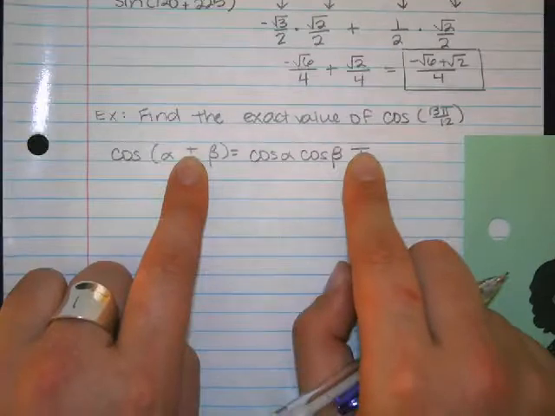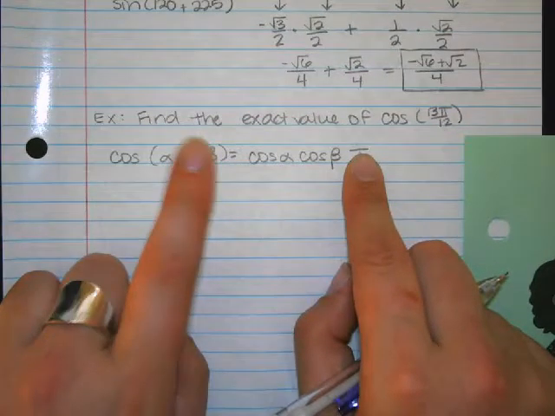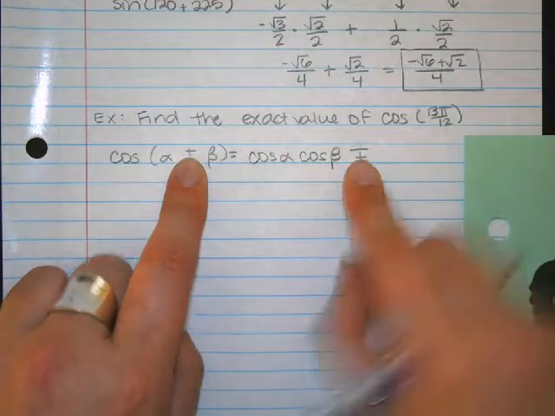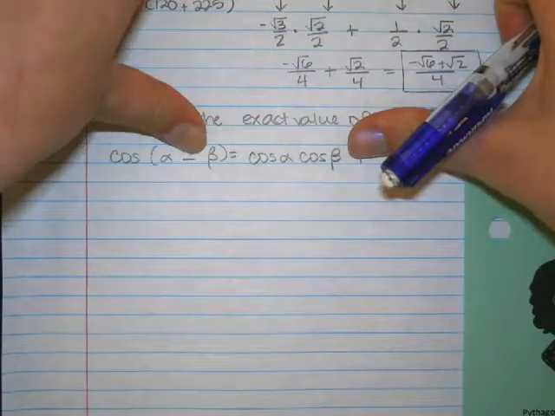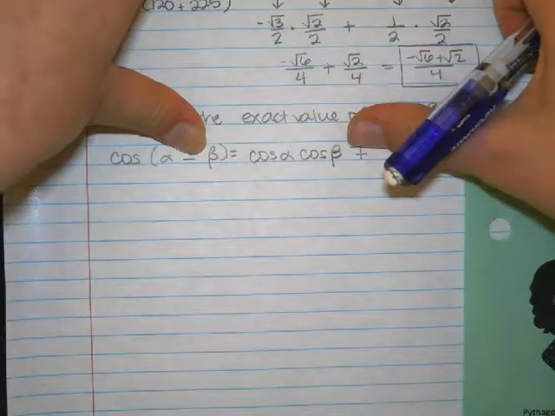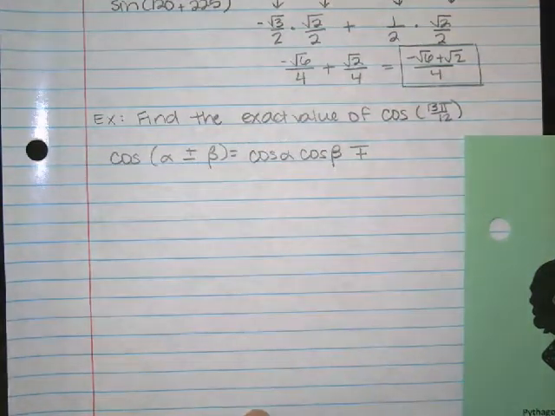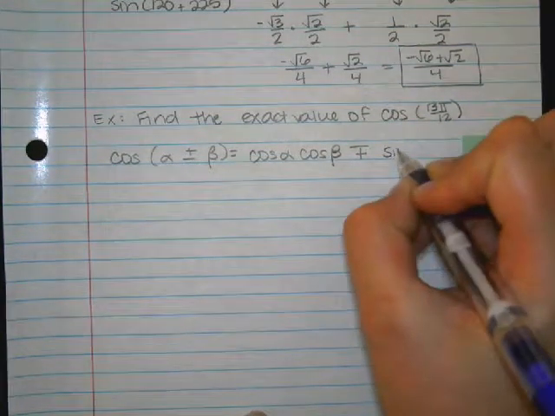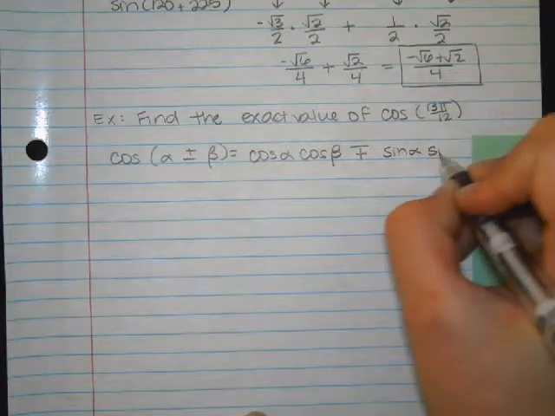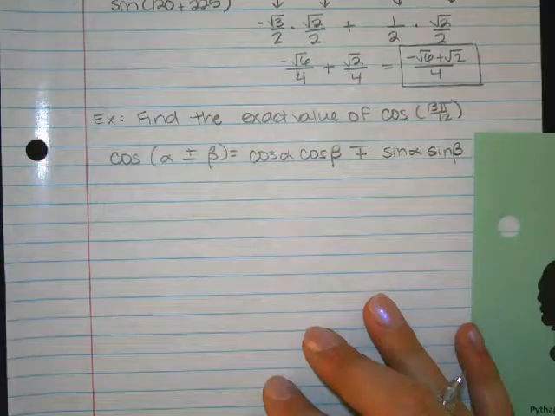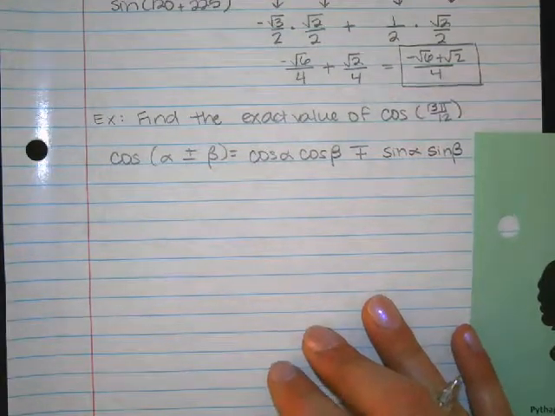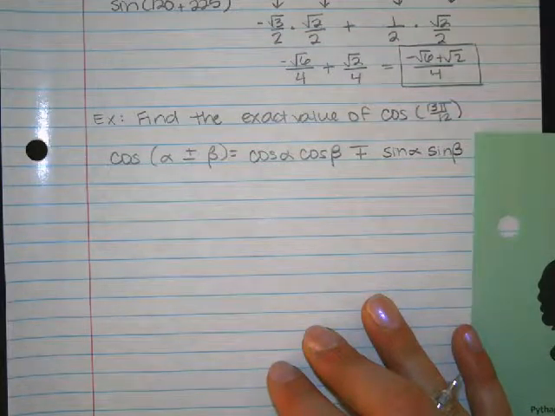The sum and difference formula for cosine says if you're adding, then you subtract, or if you're subtracting, then you add. Cos alpha, cos beta, sine alpha, sine beta. It is a shorthand way of writing out one formula when you're really representing two of them.